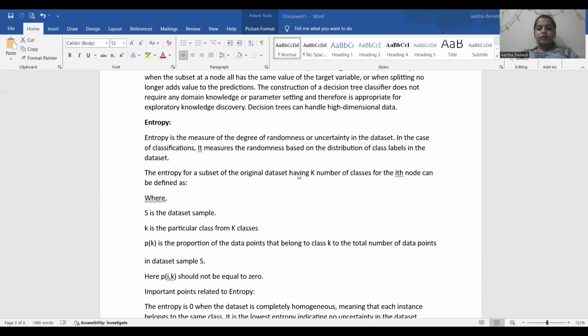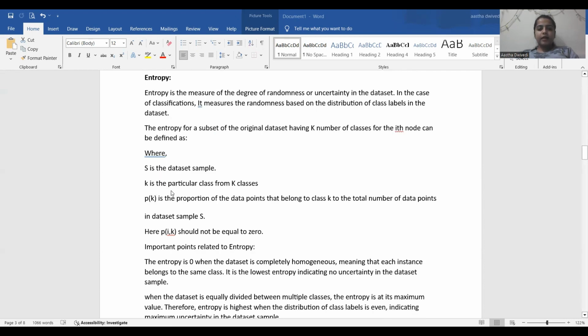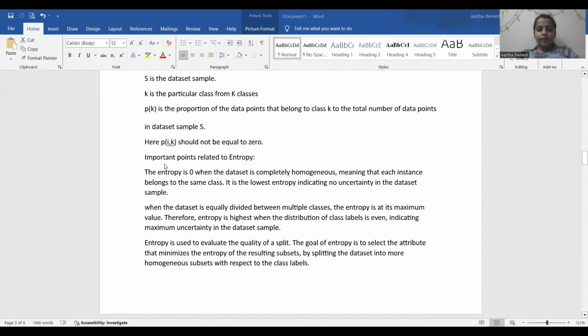The entropy of a subset of the original dataset having k classes for the ith node can be defined as follows, where S is the subset sample, k is the particular class from k classes, and P of k is the proportion of data points that belong to class k to the total number of data points in the dataset sample S. Here P of i, k should not be equal to 0.